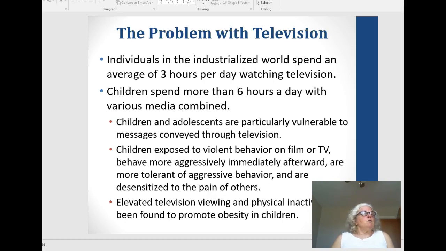And then we have the problems with television. We no longer, in most cases, can get television over the air. It's expensive. It is controlled what comes into our home. Again, who owns Dish, who owns DirecTV, who owns Comcast, all of those. They affect that. Children spend more than 6 hours a day in various media sources, and so we see the difference of where their influence is.